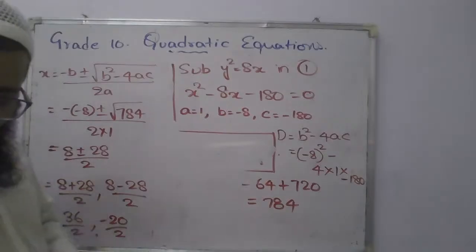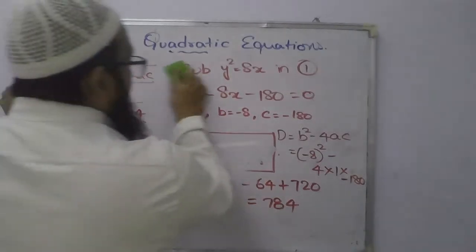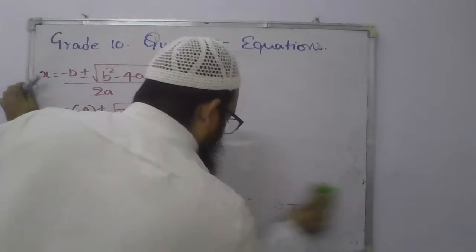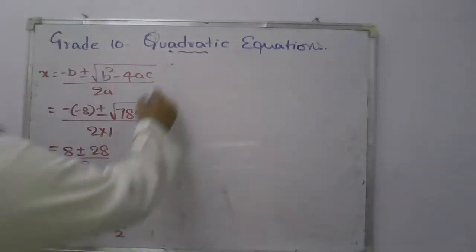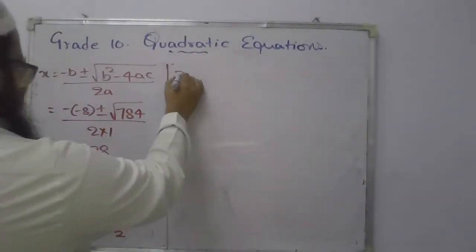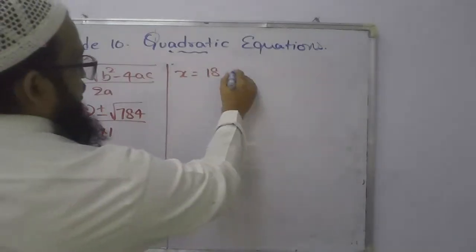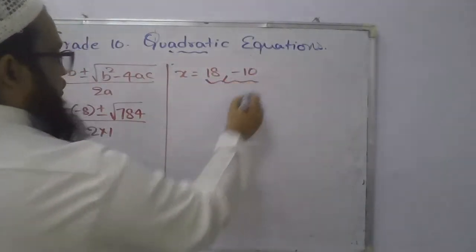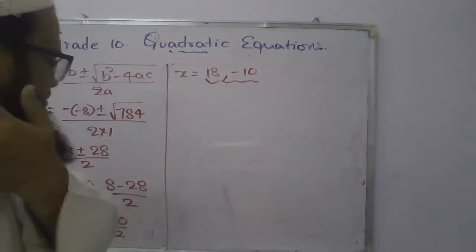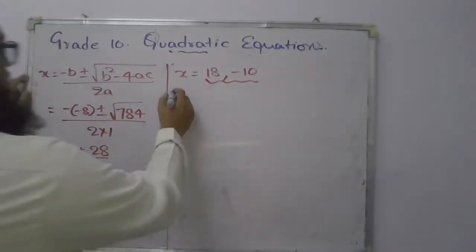So what do you have here? You have two values for x, right? So x is equal to 36 by 2, which is 18, and minus 20 by 2, which is minus 10. So you have two values. He has given numbers, right? Numbers can be any, negative or positive.